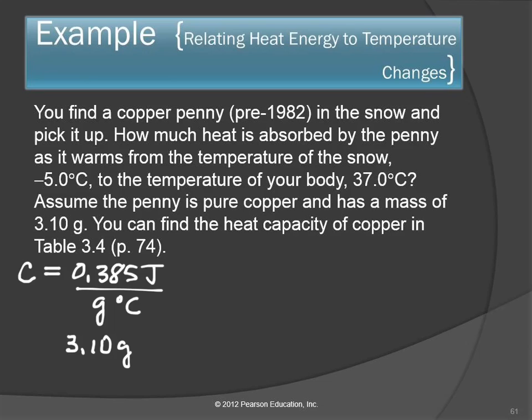And we have a couple of temperatures there. We have minus 5.0 degrees Celsius, and we have 37.0 degrees Celsius. So pull the numbers out, write down their units. It may not be immediately obvious to you what those numbers refer to.